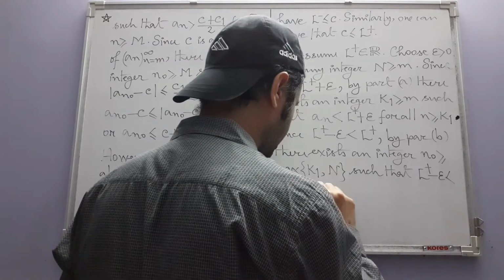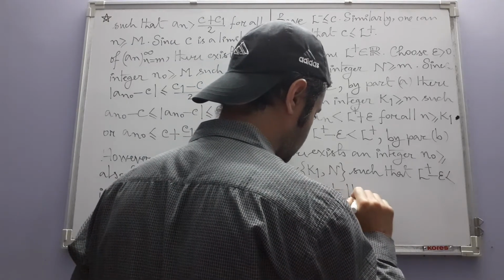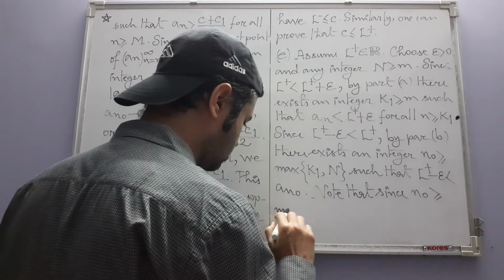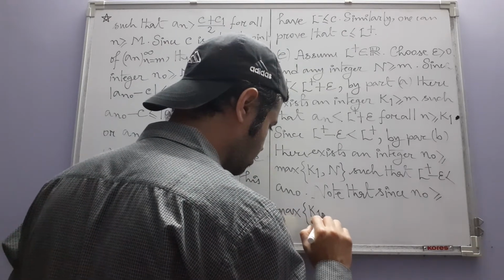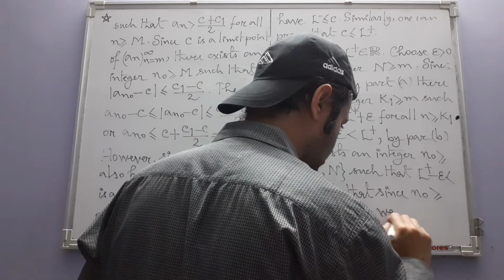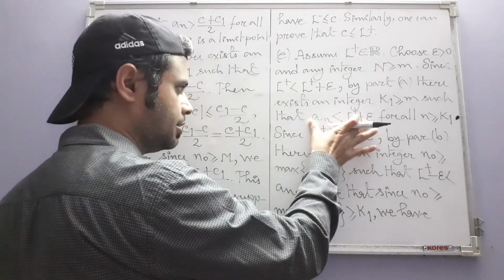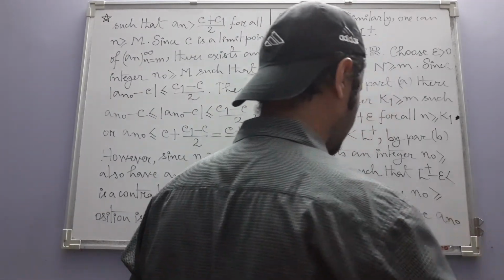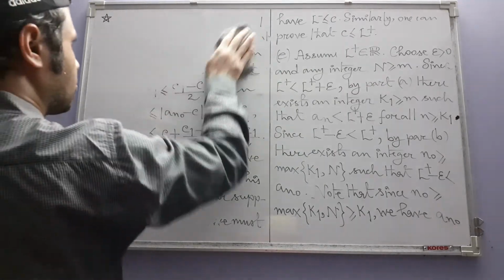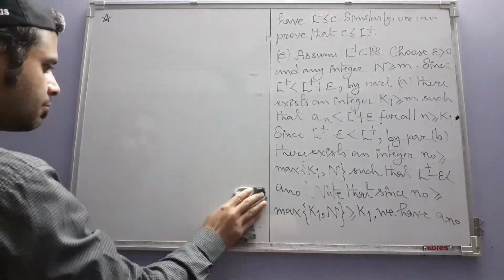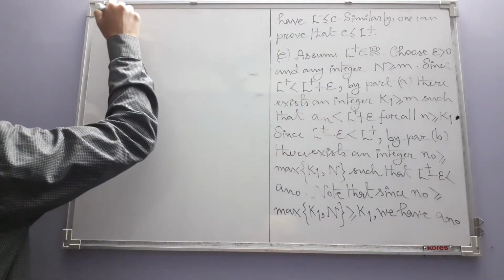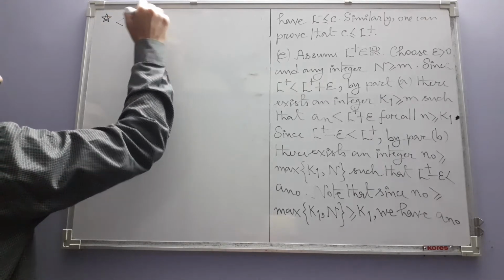So accordingly we write, note that since n naught is greater than or equal to the maximum of k1 and n, which is greater than or equal to k1, we have a_n naught strictly less than L plus epsilon.